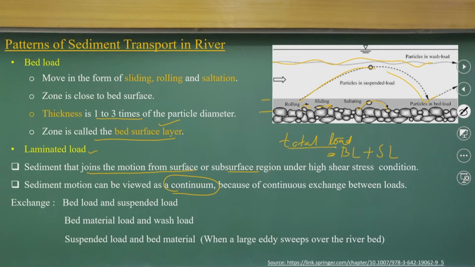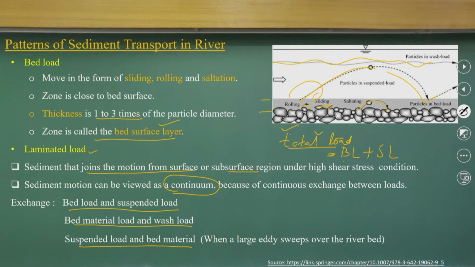So we do not separate them, but there are some empirical equations where we can look at what could be the bed load and what could be the suspended load, and we can compute the total load. So, that is the bed load. There is an exchange between bed load and suspended load, and between bed material, wash load and suspended load at the bed. So, all the processes are happening.